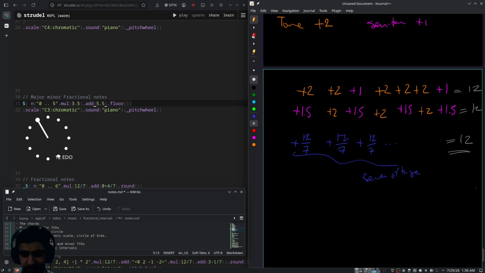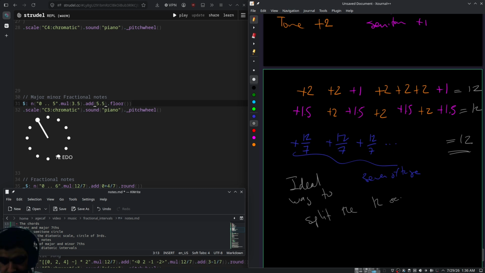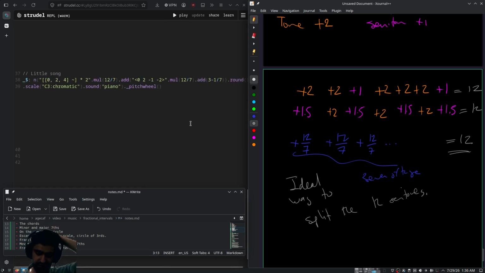So this would in theory be the ideal way to split the 12 semitones. And this is what I'm going to call the diatonic fractionals.